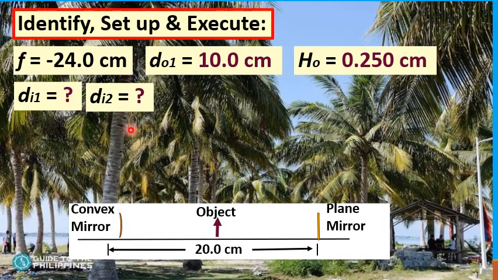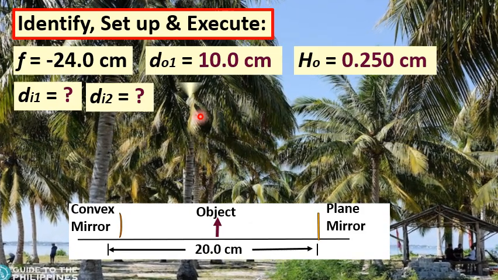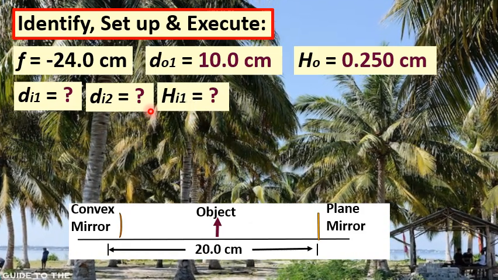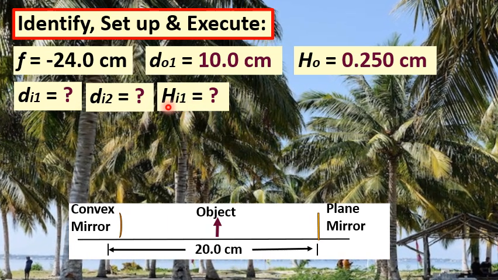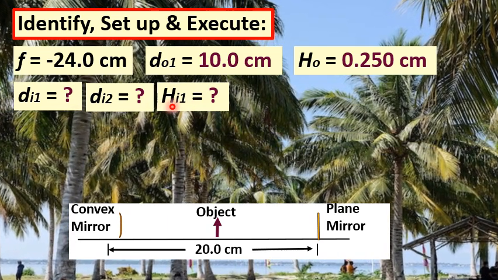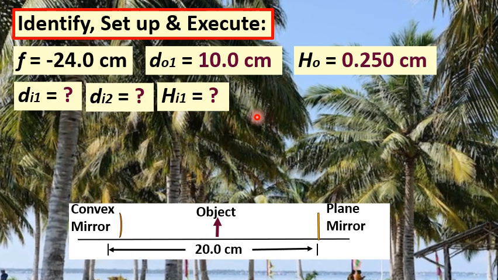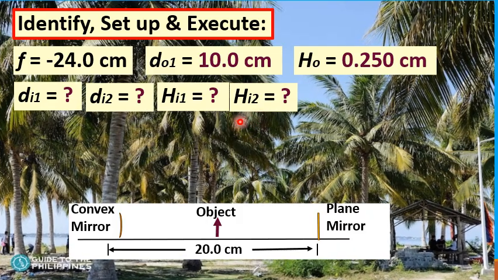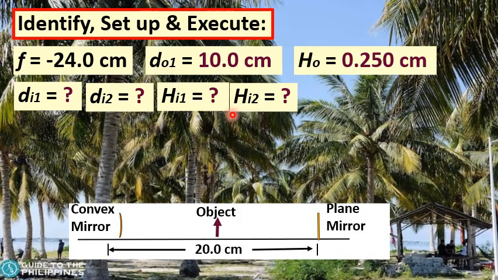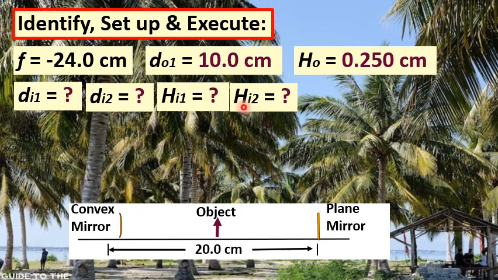And the third target variable is the height of the first image, denoted here by capital H sub I1. And likewise, we're also going to find the height of the second image, denoted here by H sub I2.